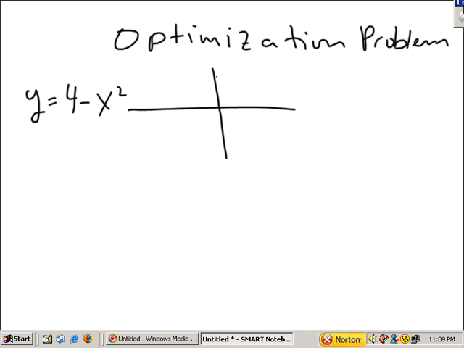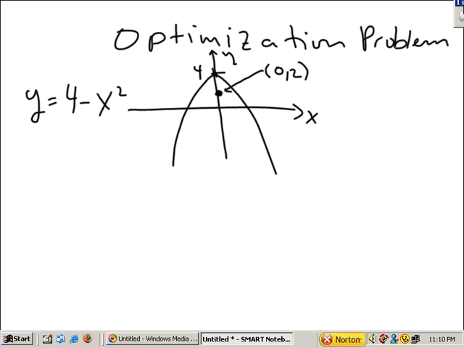And this function happens to look as such. It maxes at 4, and it goes down. It's a negative quadratic. And we're going to take into account, say, the point right there, which is (0, 2).